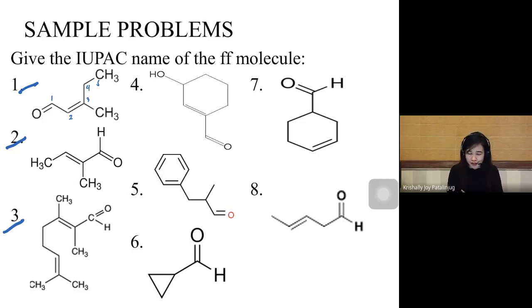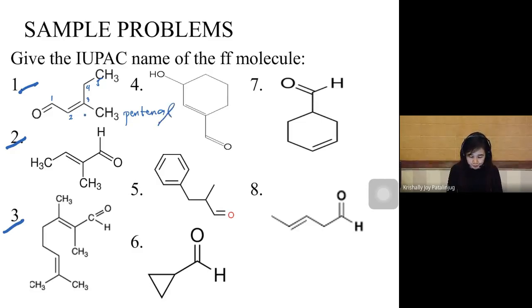So the corresponding alkene name, why alkene? Because you can see the double bond. Once you see an aldehyde with a double bond, use the corresponding alkene name, and that is pentene. Change the ending E into al. So the parent is pentanal.